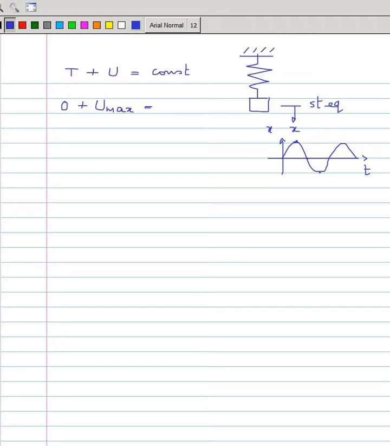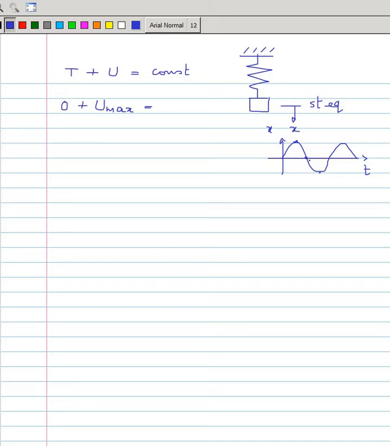And when it passes through this point, the potential energy is 0 if you measure it from static equilibrium, and the kinetic energy is maximum because this is the maximum velocity point. If you differentiate it, then the velocity will have a negative peak here and a positive peak here.